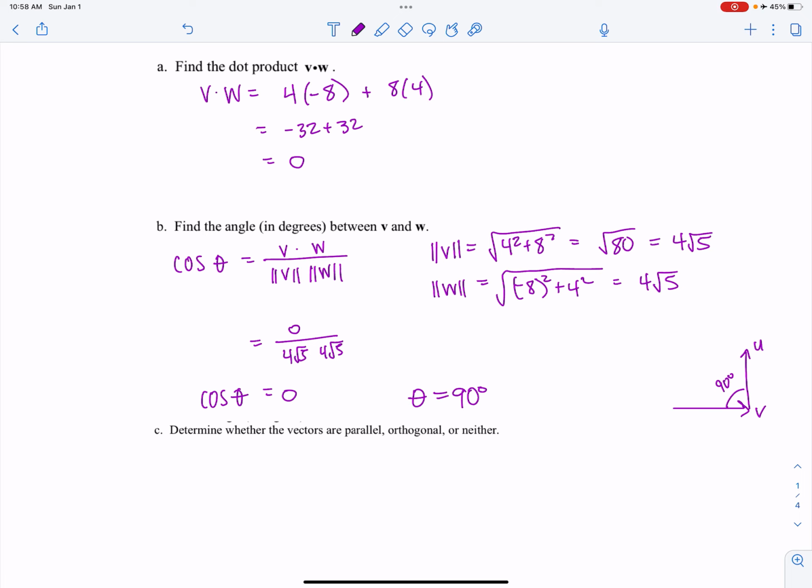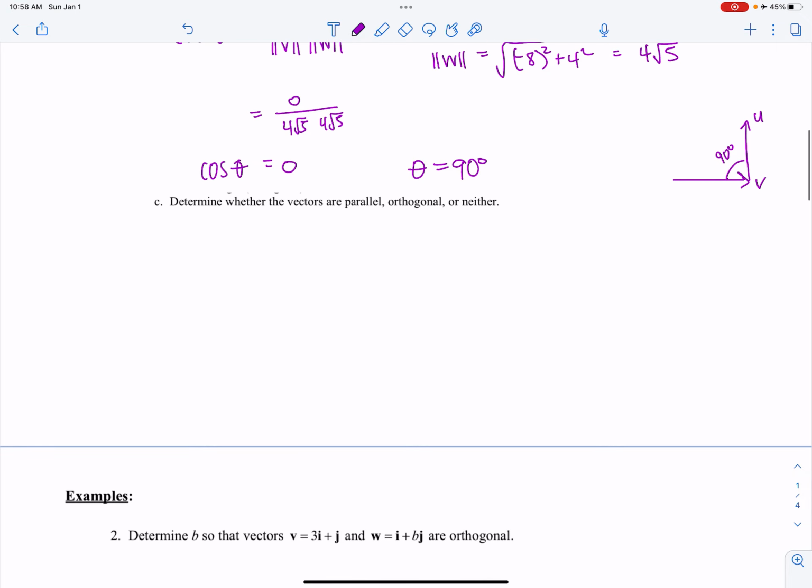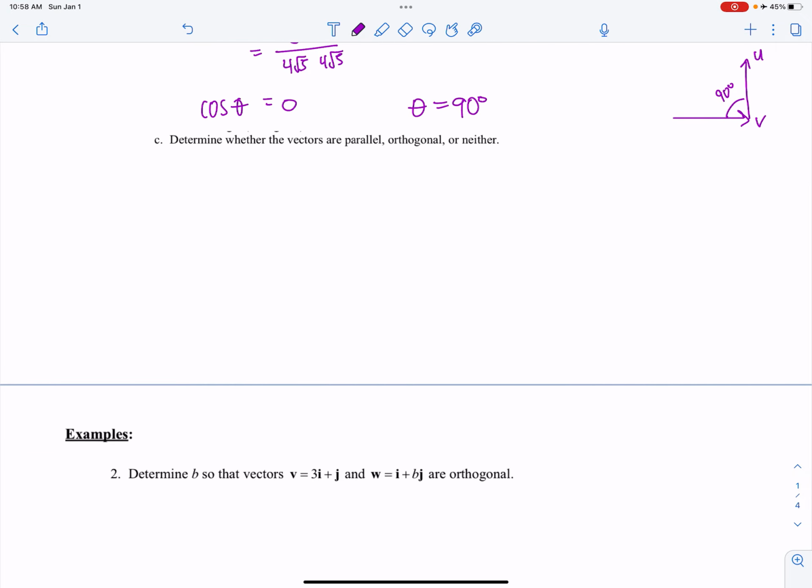The angle between them is 90 degrees. Determine whether the vectors are parallel, orthogonal, or neither. They are orthogonal. And the dot product is a quick and easy way to check if our vectors are orthogonal or not.